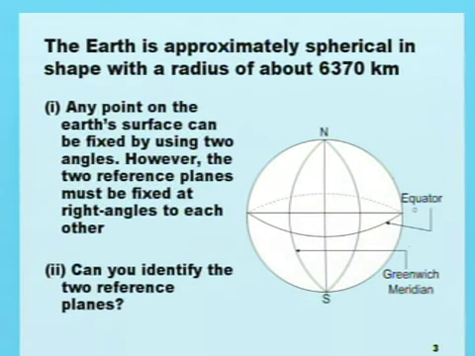So you have the north-south plane and the equator. Notice there's a mark there for the circle passing through north-south. That circle is our 0 degrees, our reference point, and that circle is called Greenwich meridian.